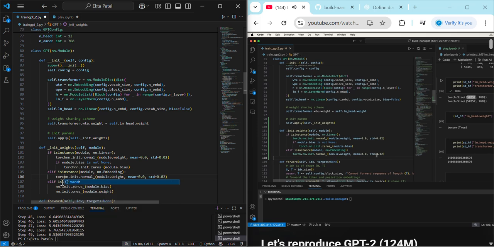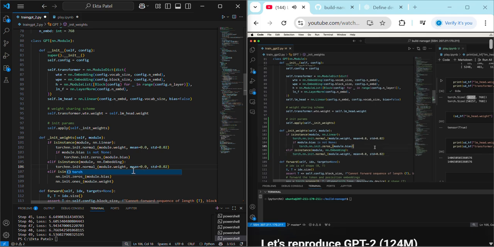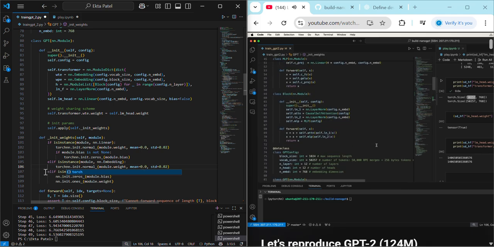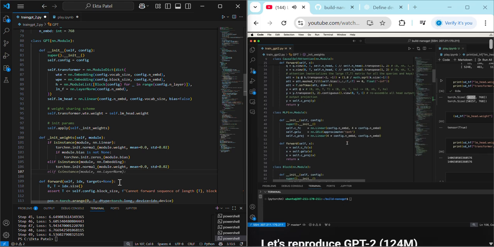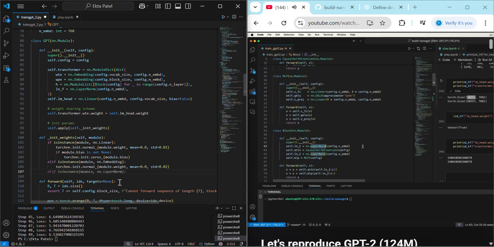And for the embedding, we're just going to use 0.02 and keep it the same. So we're not going to change it to 0.01 for positional because it's about the same. And then if you look through our model, the only other layer that requires initialization and that has parameters is the layer norm. And the PyTorch default initialization sets the scale in the layer norm to be 1 and the offset in the layer norm to be 0.